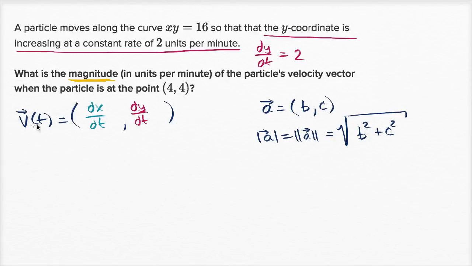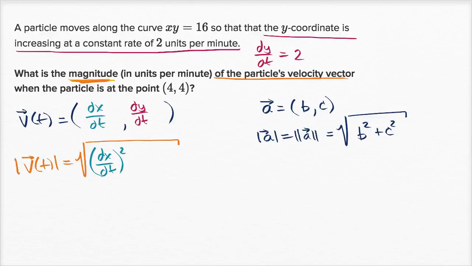So the magnitude of the particle's velocity vector, which I could write as the magnitude of v, as a function of t, is equal to the square root of the rate of change of x with respect to time squared plus the rate of change of y with respect to t squared.